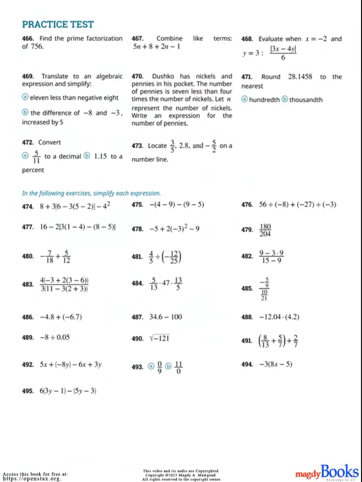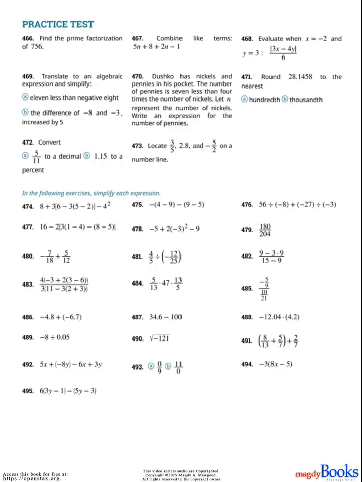Chapter 1 Practice Test. 466. Find the prime factorization of 756. 467. Combine like terms. 5n + 8 + 2n minus 1. 468.